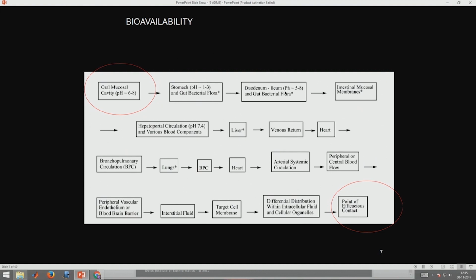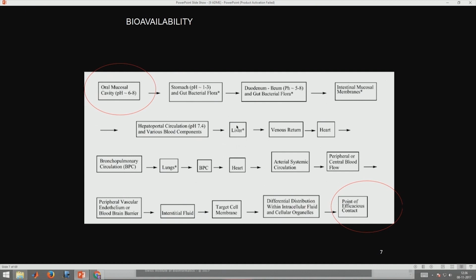Then when you come to the duodenum, ileum and so on, the pH goes up to 5 to 8. When the drug goes to the plasma region, the pH is 7.4. So the drug stability and solubility should be constant irrespective of the changes in the pH.